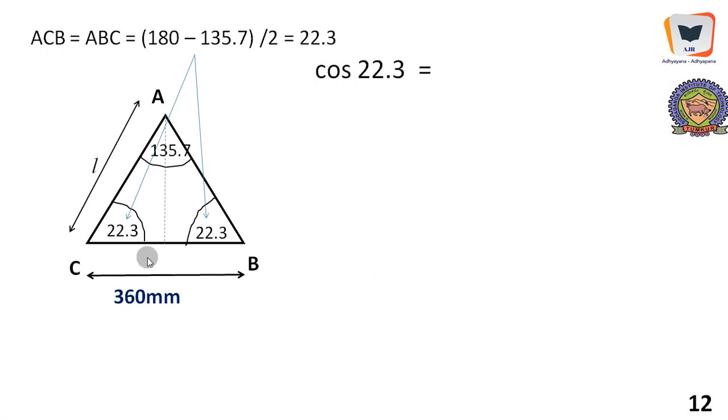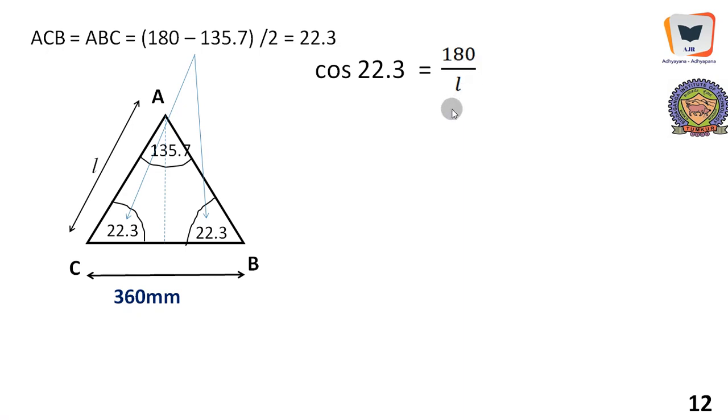Therefore, we can find out what should be the length of this by making use of cos theta. So cos 22.3 is adjacent by hypotenuse. Adjacent is half of 360. If you consider this half of the triangle, this is 180. 360 by 2. 180 by L. Cos 22.3 is adjacent by hypotenuse.